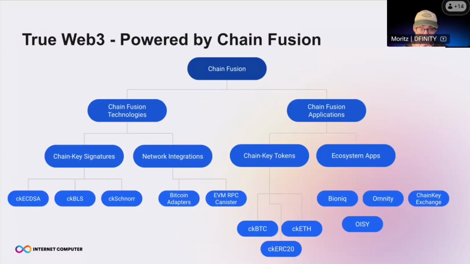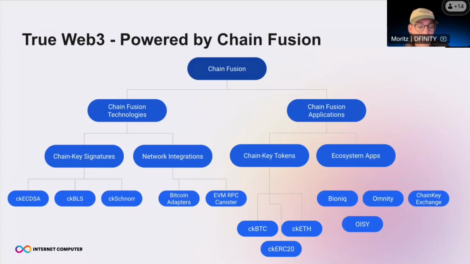Okay. Maybe when you joined the meeting or saw what's on the agenda today, you thought, Chain Fusion, what's that? The truth is that Chain Fusion doesn't really describe a single thing, but is more of a broad term. It's an umbrella word that we use to describe many things that all have the same goal, which is to fuse the Internet Computer together with other blockchains.